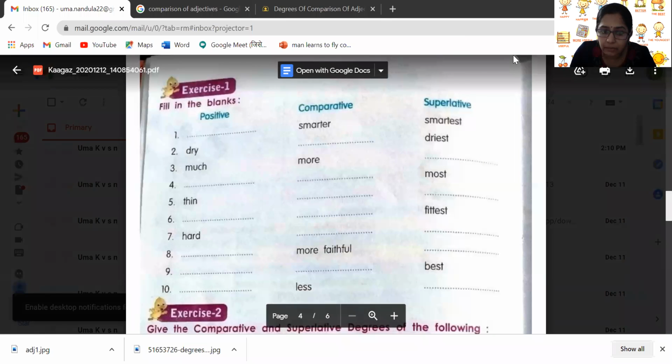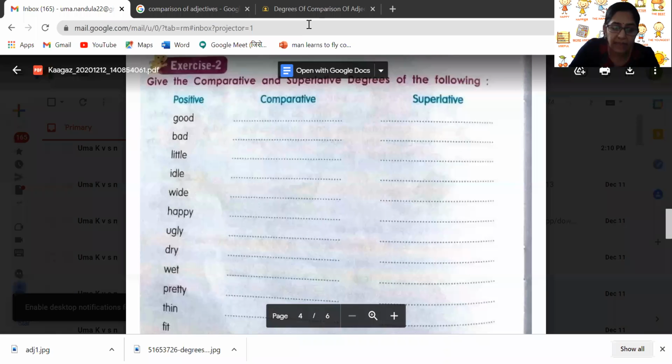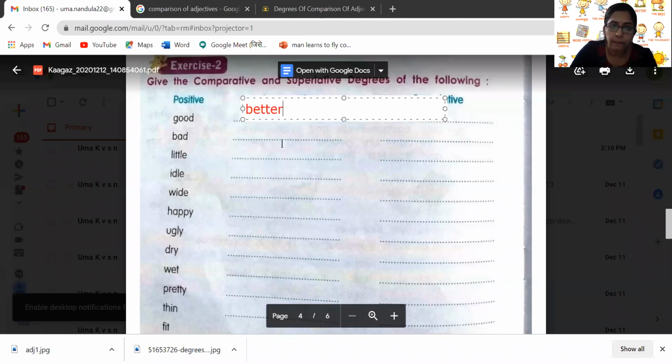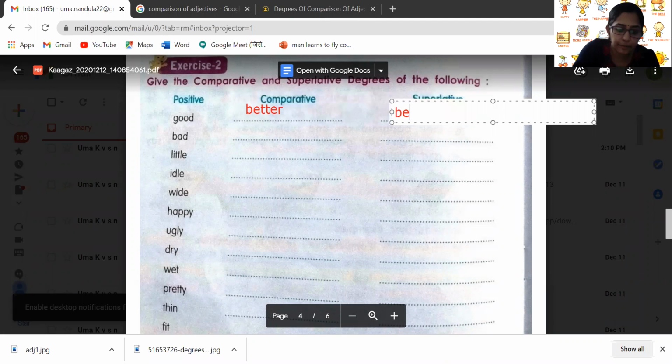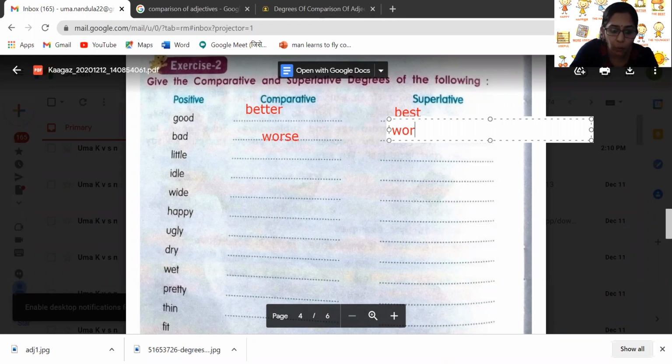The last, we'll complete this exercise too. Give the comparative and superlative degrees of the following. So what can we give? Good. We already discussed this. Good, better, best. Bad, worse, worst.